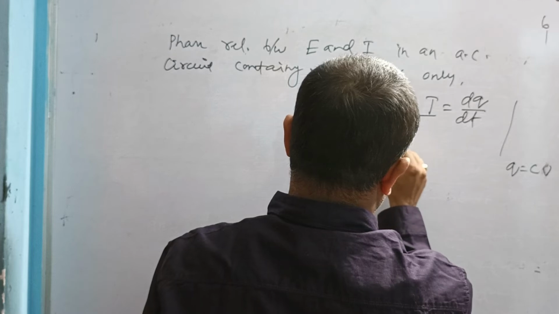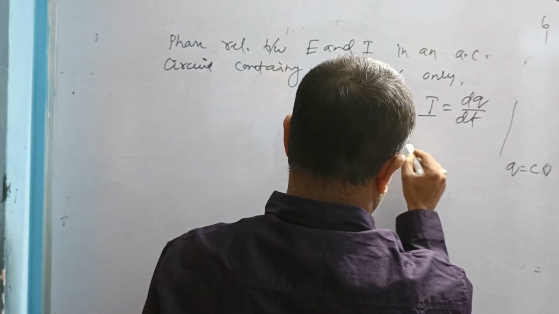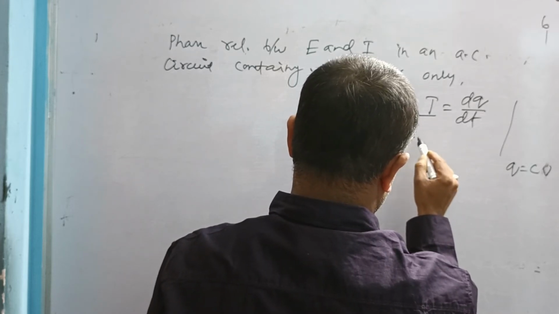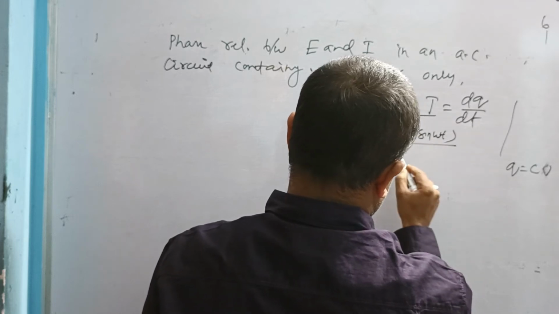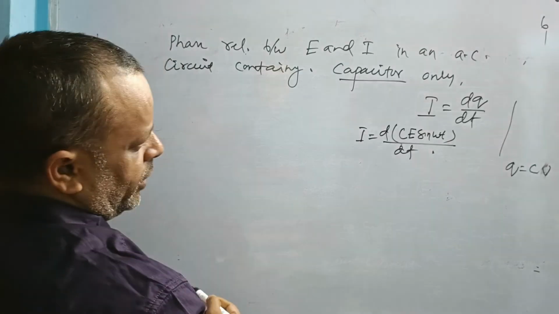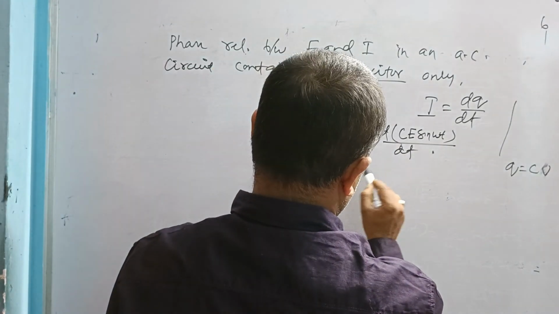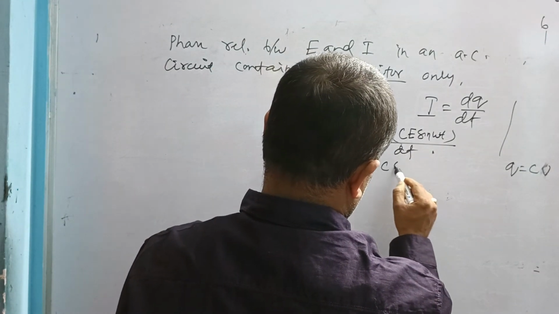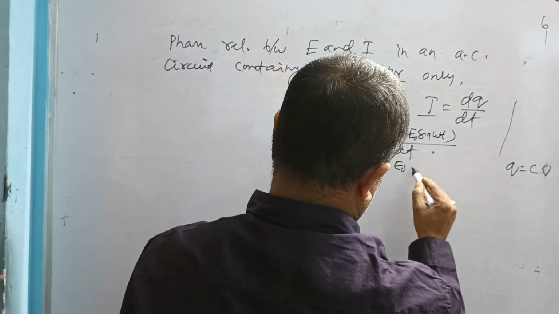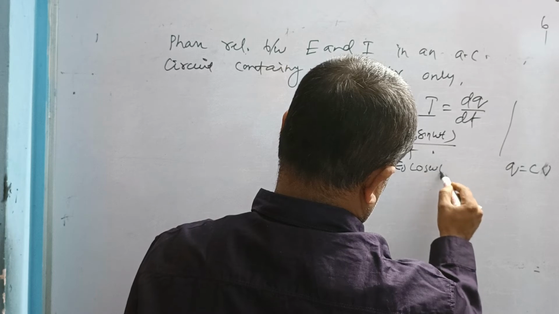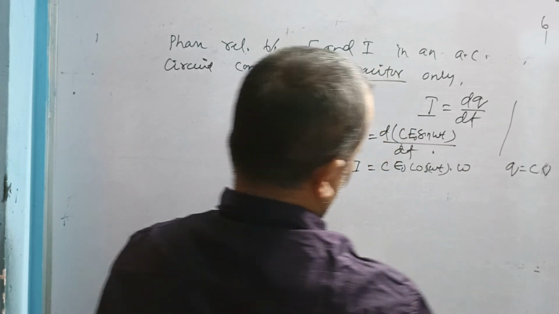So I is basically what? C into V or C into E, which can be written out as E naught sine omega T derivative. You have to get the derivative of it. It is what? C into E naught basically. Derivative of sine omega T is what? Cos omega T into omega.